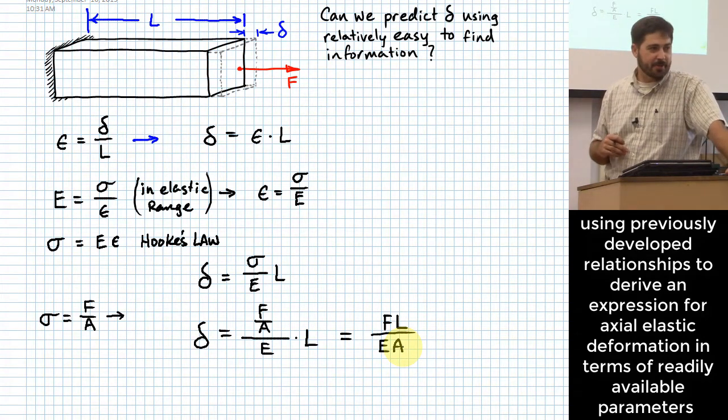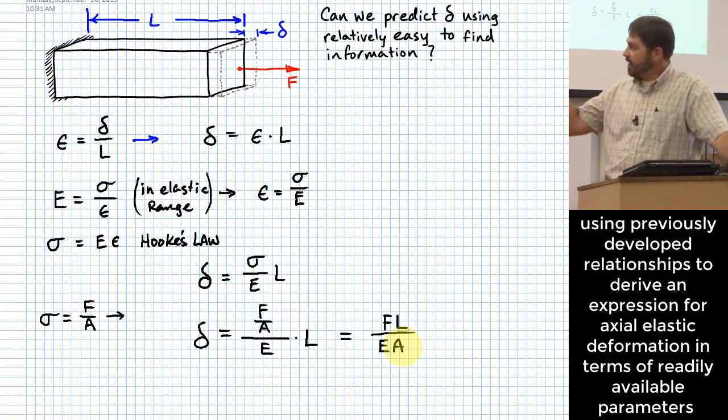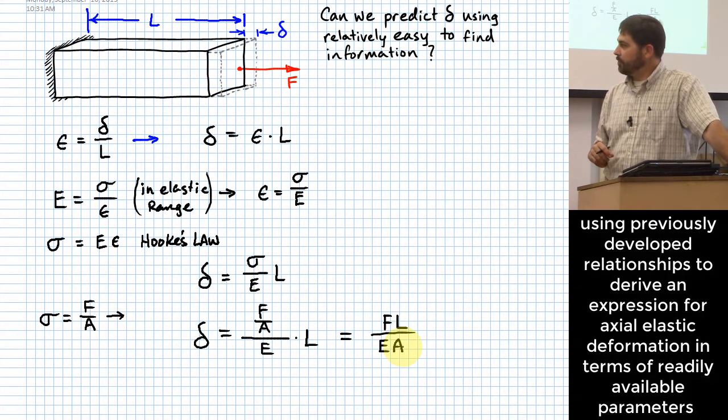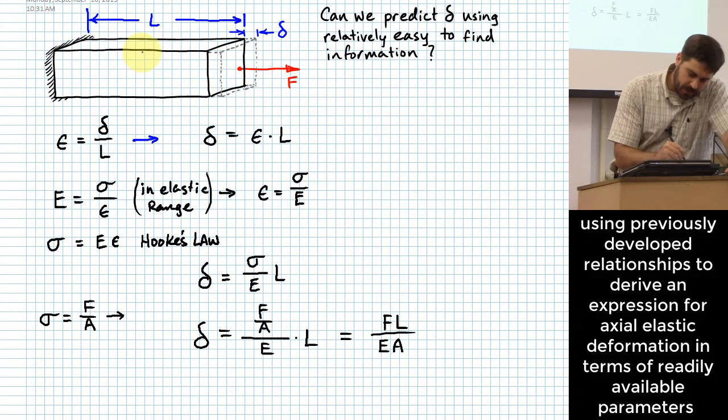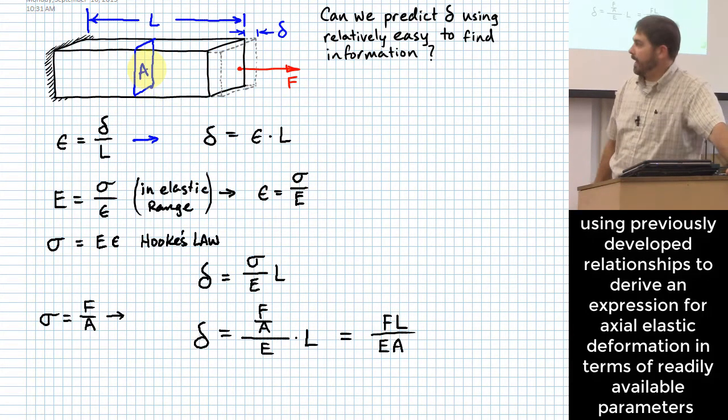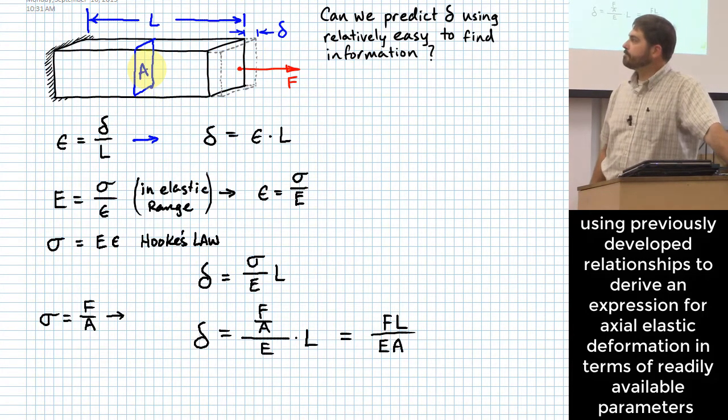FL over EA is how much the thing will deform, how much it will change in length under a force of F. What's A? For whatever shape this thing is, you just have to figure out its cross-sectional area, A, in order for this to work.